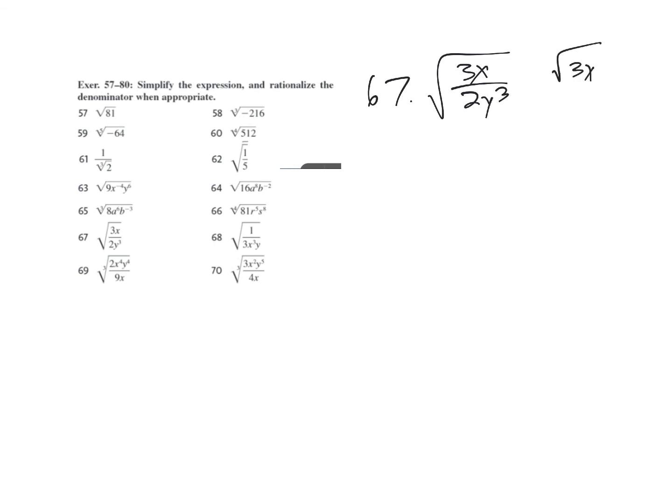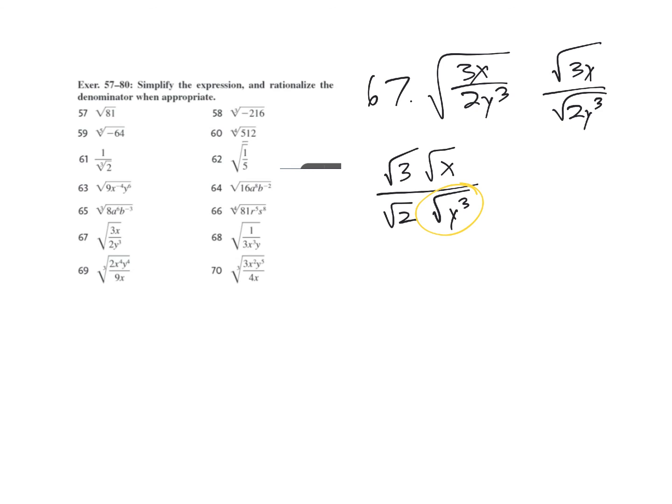Square root of 3x over the square root of 2y cubed. You can break apart multiplication. Anything that can be simplified would be that right there.